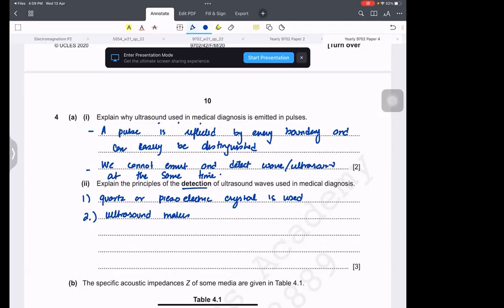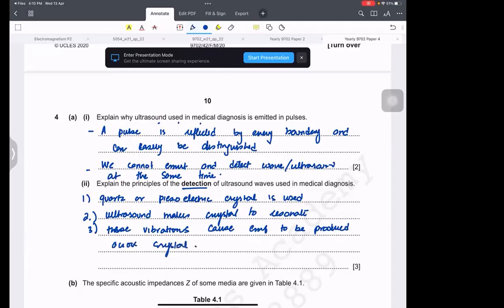Ultrasound makes crystal to resonate, and these vibrations cause EMF to be produced across crystal.